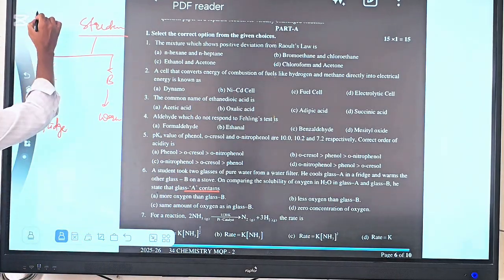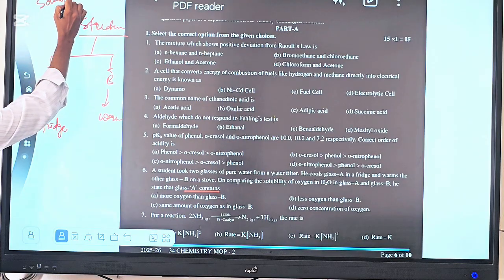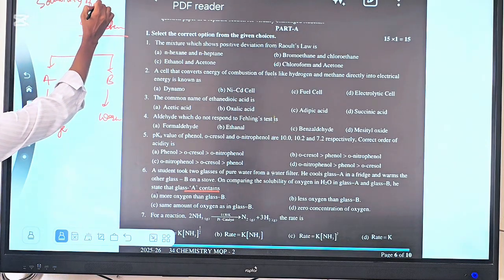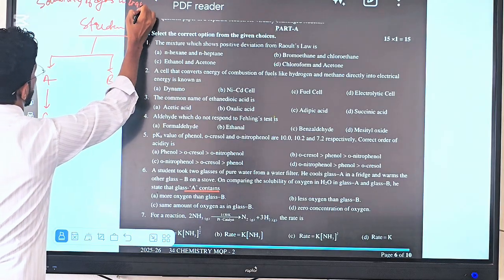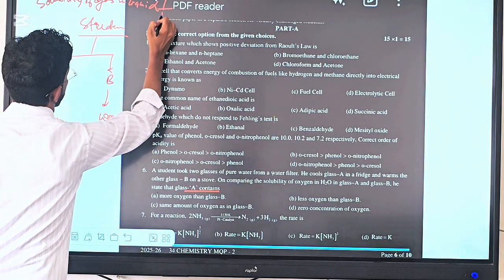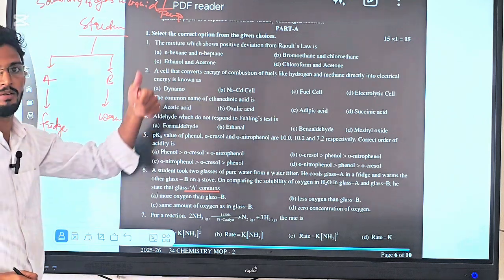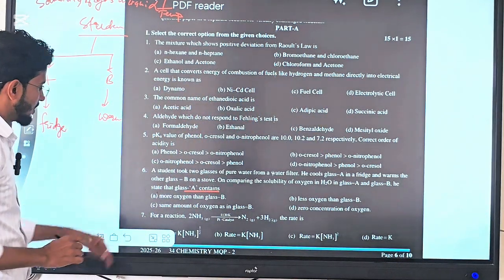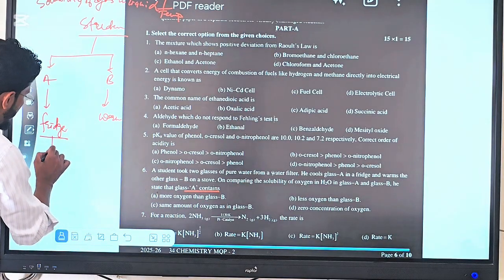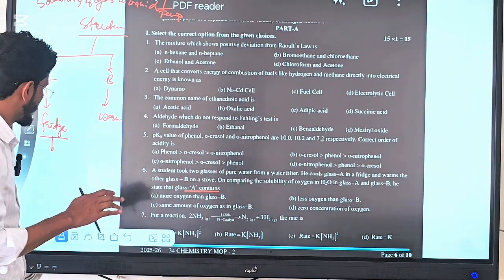Now, we know that the solubility of gas in a liquid is inversely proportional to temperature. Inversely proportional to temperature means less the temperature, more will be the solubility of gas. Now, glass A has less temperature because it is put inside the fridge. Inside the fridge, there is a less temperature.